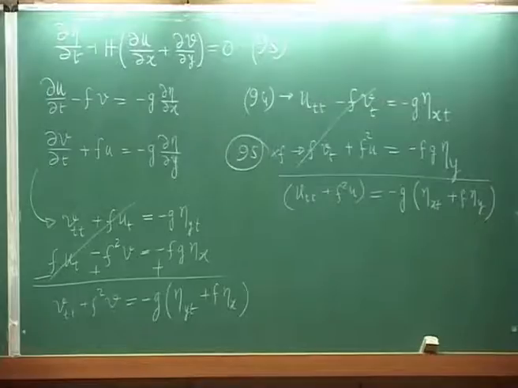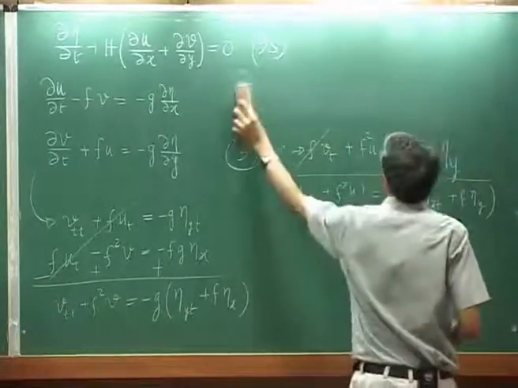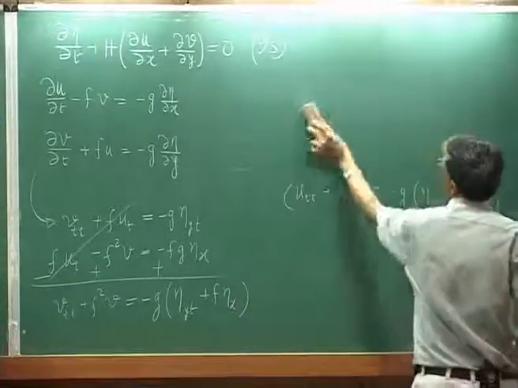Now, the third step is to differentiate the mass conservation equation with respect to time twice. So, if I do that, what do I get? So, this is one equation that we have.